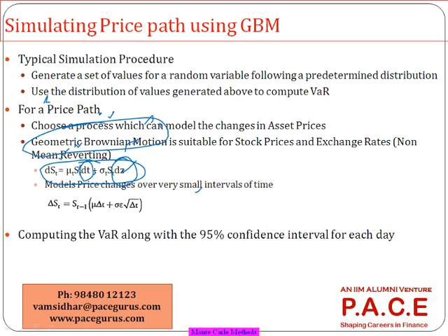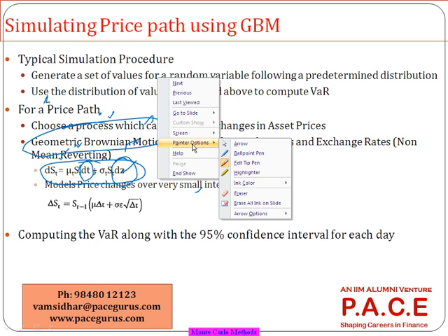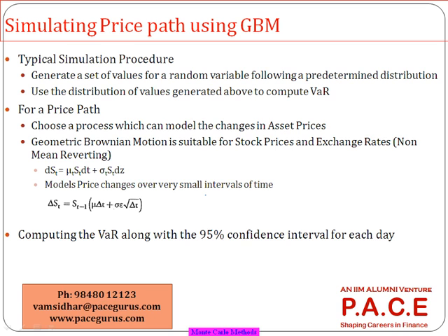When we see dz, it's a random part. So in this, there is a constant part with respect to time, which is based on the average, and there is a random part with respect to the standard deviation or the variance, where there is a dz associated. This equation is what is associated with a geometric Brownian motion.